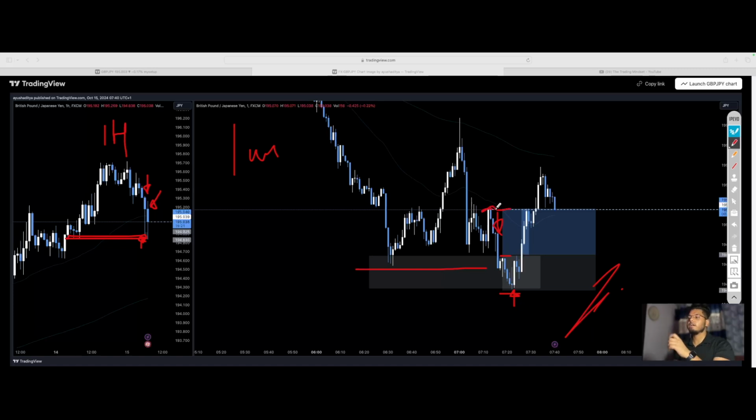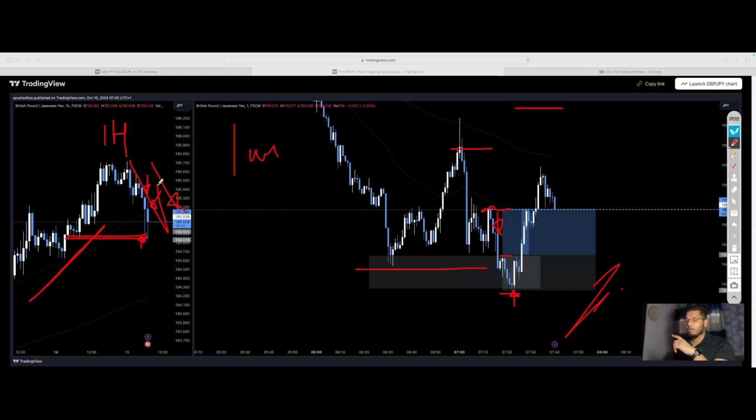Now, why did I not go for the bigger targets? Why did I not aim for this high or maybe even higher? I know that I am going against the trend. The trend here in this particular scenario is down. On the bigger time frame, the trend is up, but here the trend is down.